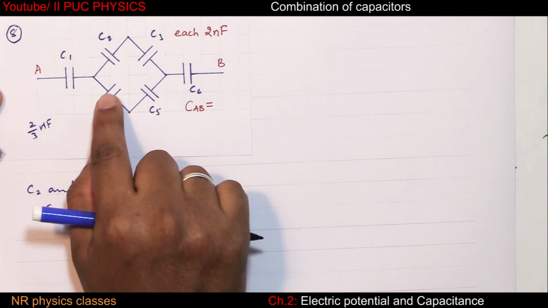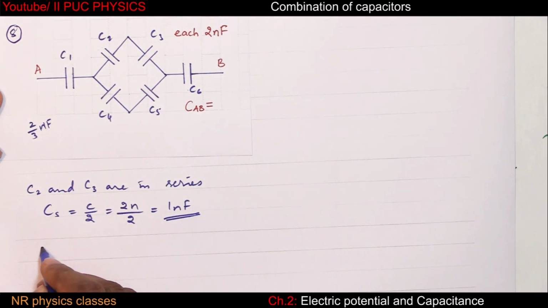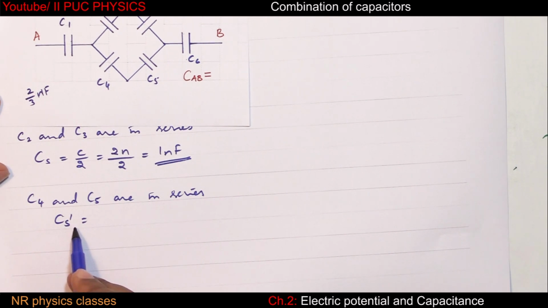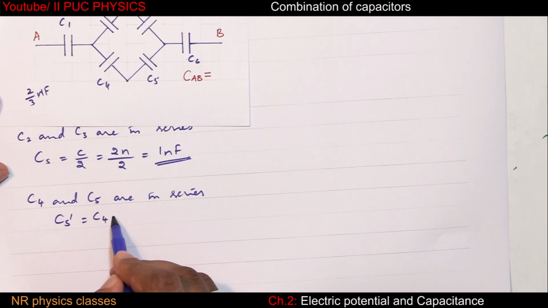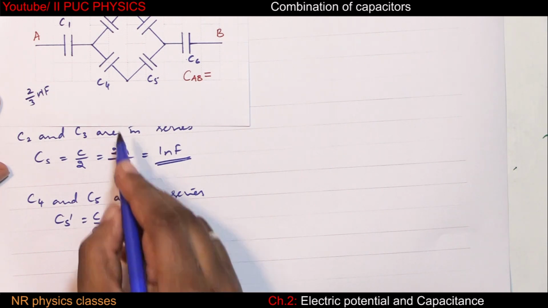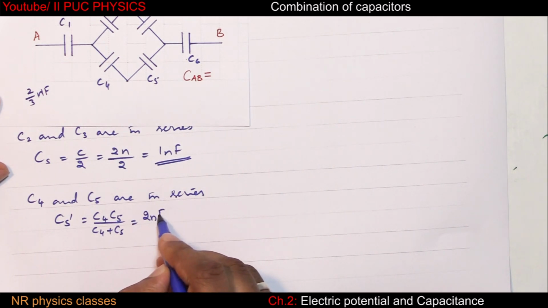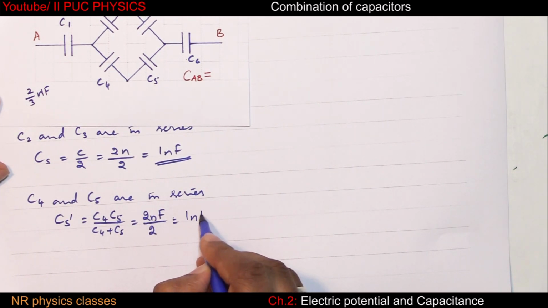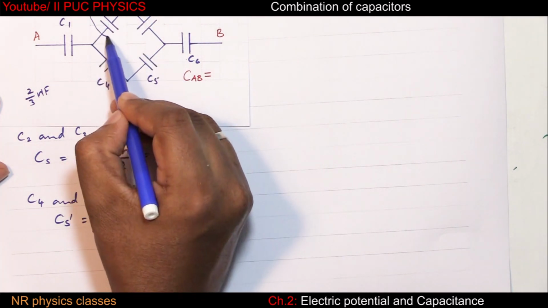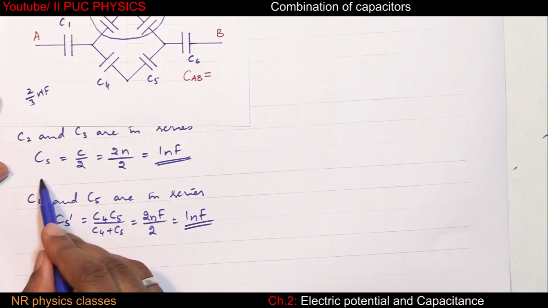Now C4, C5 are in series. Therefore CS dash equals C4 C5 by C4 plus C5, or else simply 2 nanofarad by 2 equals 1 nanofarad. Now these two are replaced by CS.